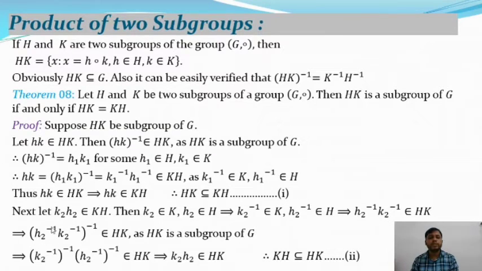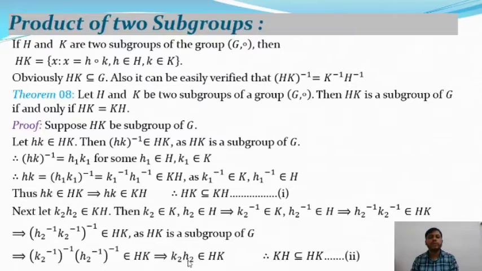That means (h2 inverse k2 inverse) inverse also belongs to HK, as HK is a subgroup of G. Applying the inverse properties, (h2 inverse k2 inverse) inverse equals (k2 inverse) inverse times (h2 inverse) inverse, and (h2 inverse) inverse equals h2, and (k2 inverse) inverse equals k2.